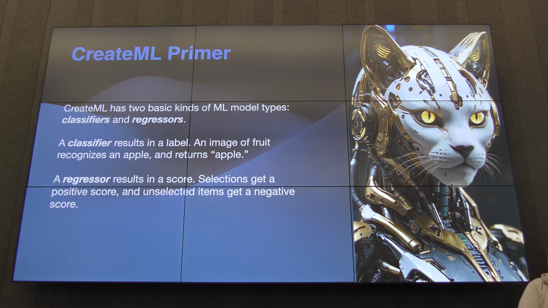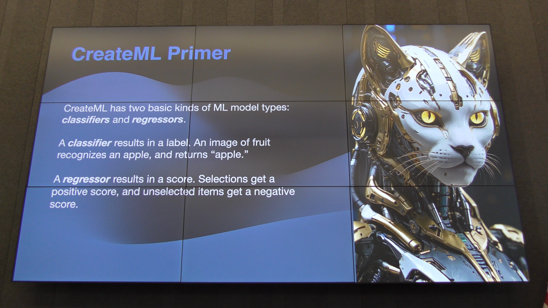Okay, so let's do a Create ML primer. What's involved with it? Create ML has two basic types of models. These are classifiers and regressors. A classifier always returns a label. So a good example is you have an image of a bowl of fruit and it notices there's an apple. It comes back with a label, a string, which is, oh, I recognize that there's an apple here.